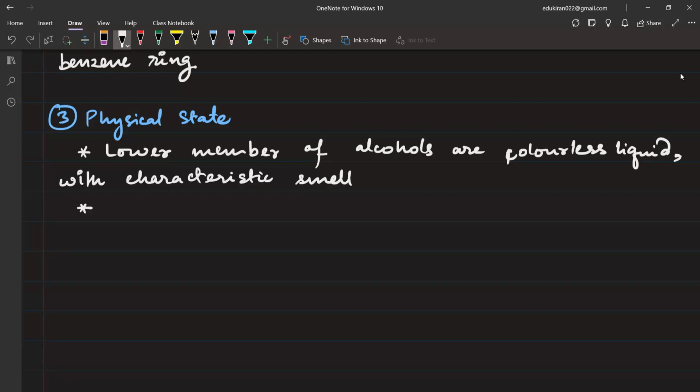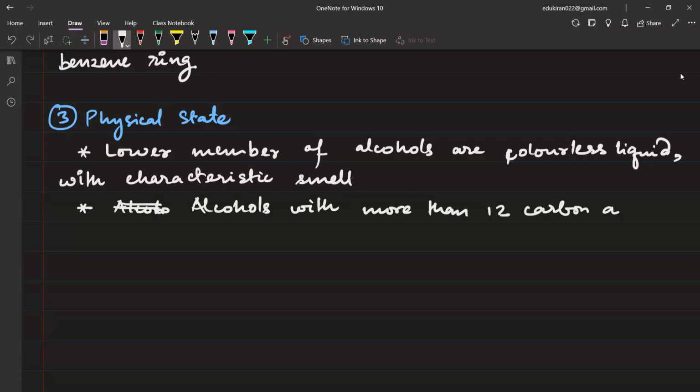Right, next point. Alcohols with more than 12 carbon atoms are colorless solid.